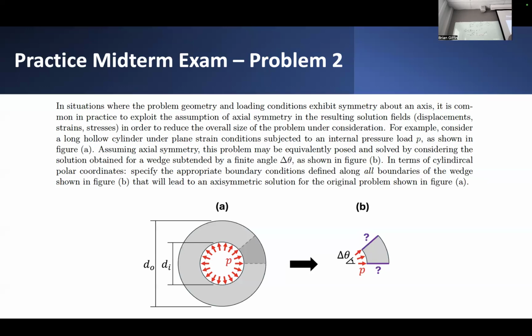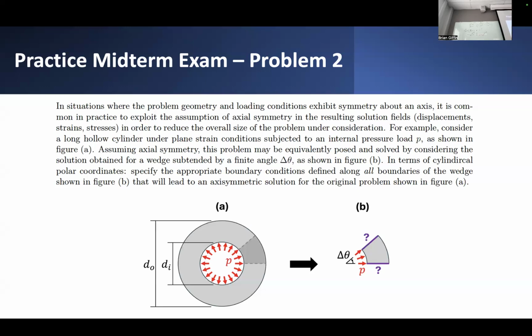But with respect to the angular coordinate theta, thinking of things in terms of cylindrical polar coordinates, it looks the same. And we could consider reducing this problem even further, going from what was originally this three-dimensional problem, using plane strain assumptions, down to this two-dimensional problem.